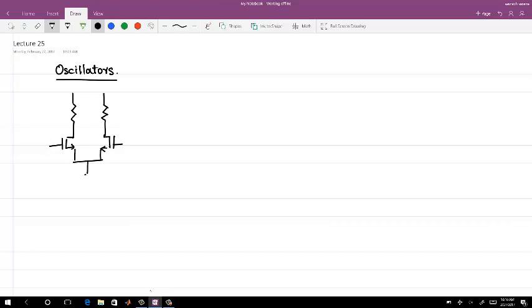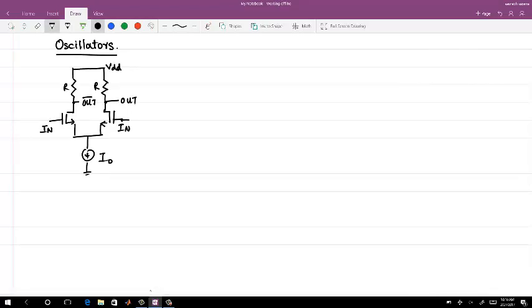This one is I naught, this is in and in bar, R, and this is out and out bar. This is what we saw. This is a cell which is used.